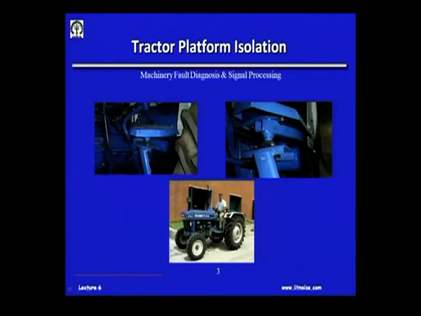So, the chassis of the tractor is actually supporting the engine. So, the forces from the engine, because of the engine's excitation forces and the inertia forces, the engine excites the structure. So, this chassis is going to have large motion, and if this platform was rigidly connected to the chassis, all this energy is going to get transmitted to the platform.